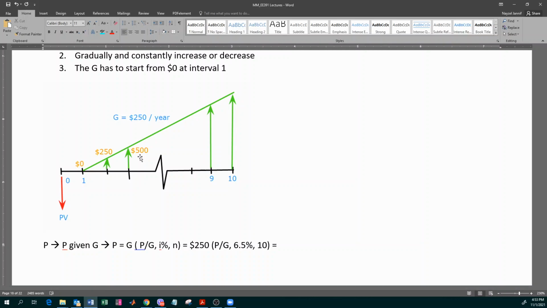Amit is saying it's $110. It can't be $110. Something is wrong here. We'll have to have a look at it. It has to be much greater because the first thing is 250.